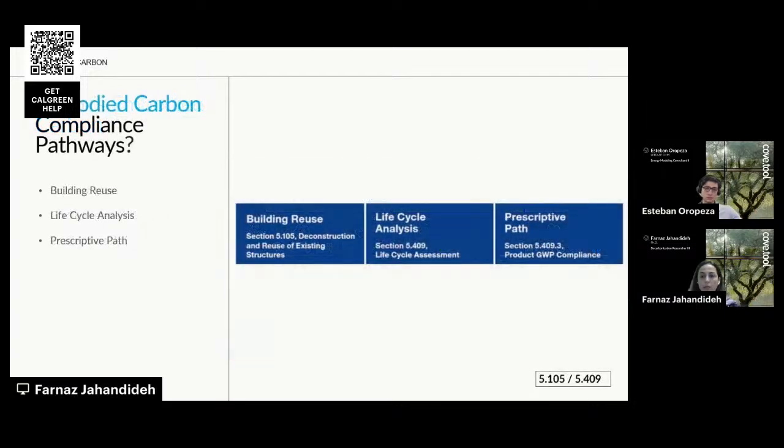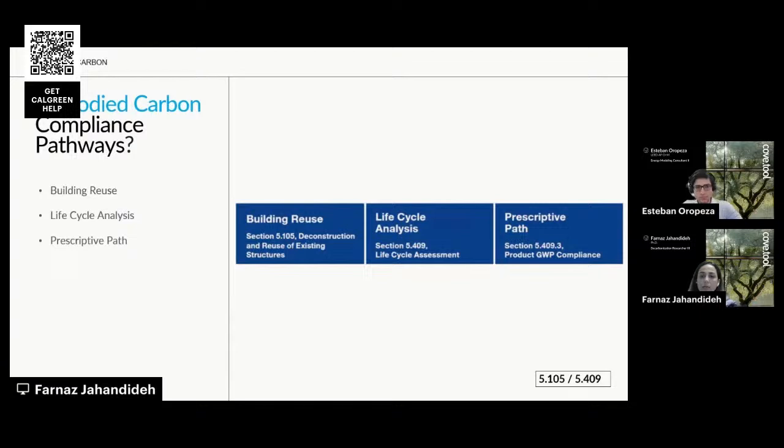All right. So here is a little more detailed overview. We have our building reuse option for additions, where the addition is less than two times the area of the existing building. The mandatory measures require 45% of the structure and enclosure to be reused. Next is the whole building life cycle analysis.